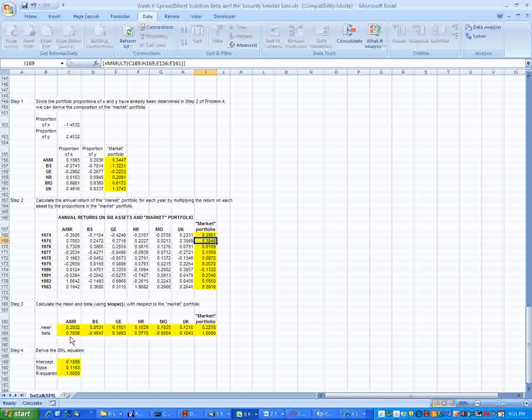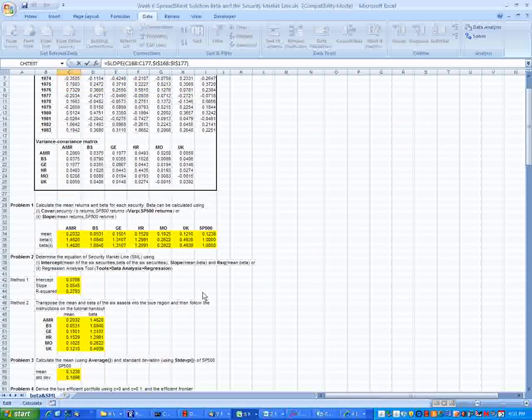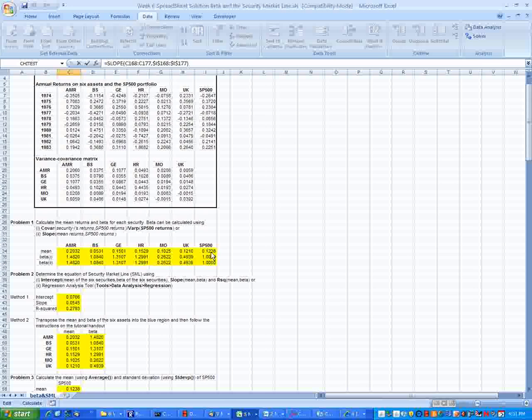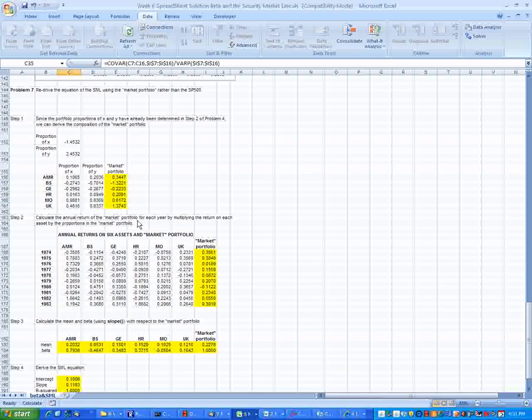And once we do that, we calculate our expected returns and our expected betas, but now the betas are relative not to the S&P 500, as it was way up here when we did the equivalent exercise here, where we used the S&P 500, but now our betas are relative to our new market portfolio here in green, which we've just calculated.